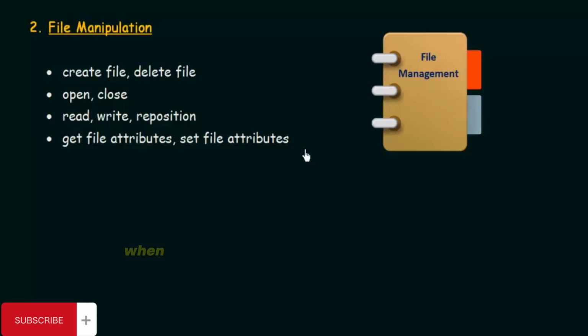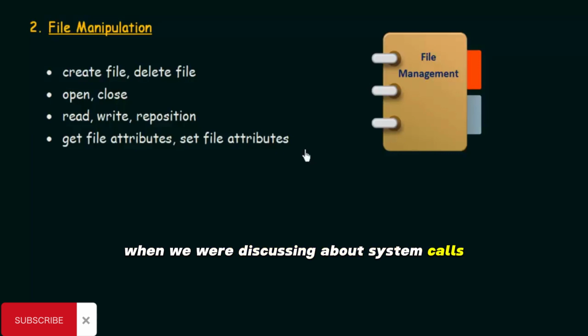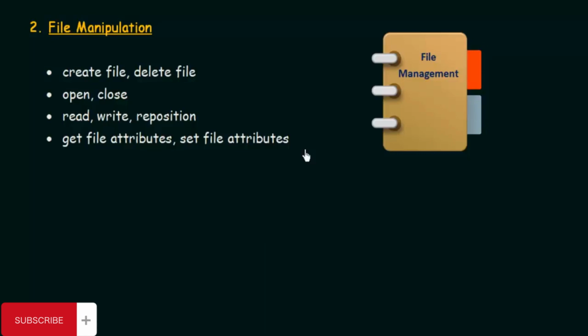In the previous lecture, when we were discussing system calls, I took an example to explain them. That example was to copy the contents of an input file to an output file. There we were searching for an input file, then we read from the input file, and then we created an output file, and we copied the contents from the input file and wrote them onto the output file. Those system calls fall under this category of file manipulation.